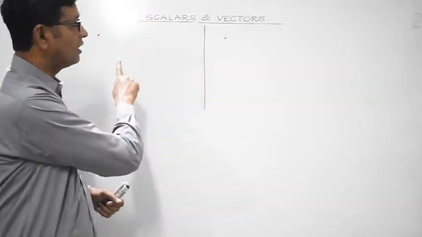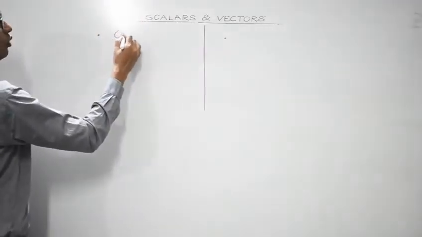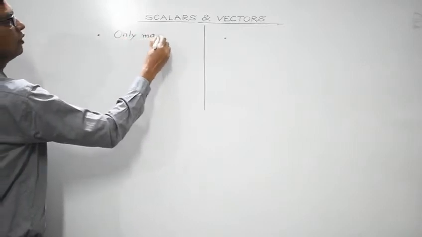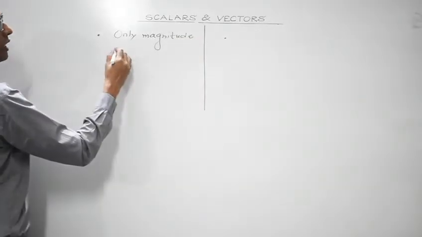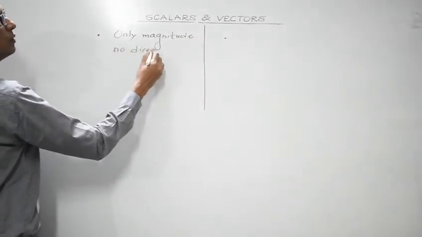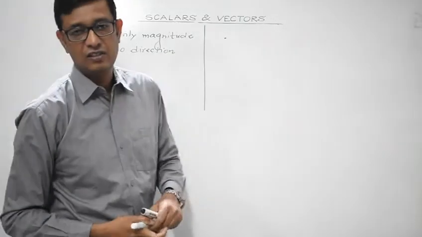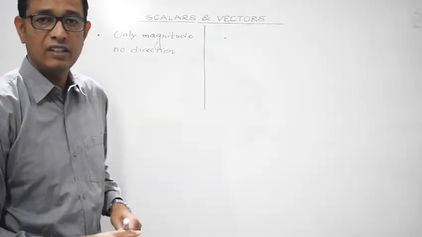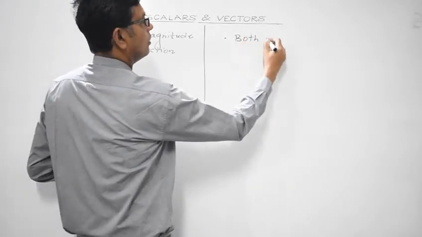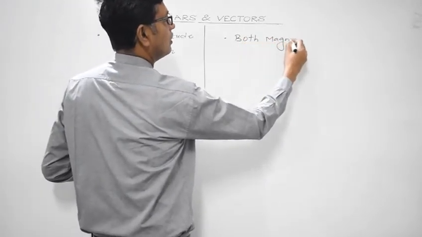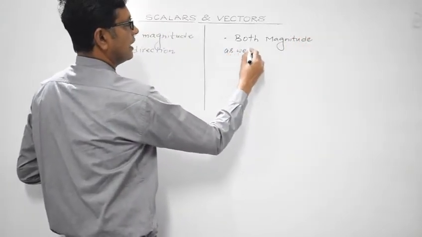Scalar quantities are those physical quantities having only magnitude but no direction, while on the other hand, vectors are those physical quantities which have both magnitude as well as direction.